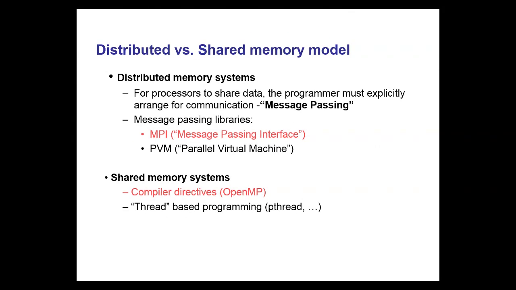The most common concepts are the distributed parallel solution and the shared memory parallel solution. The distributed memory parallel solution is popular now, and the approach is basically MPI, the Message Passing Interface.